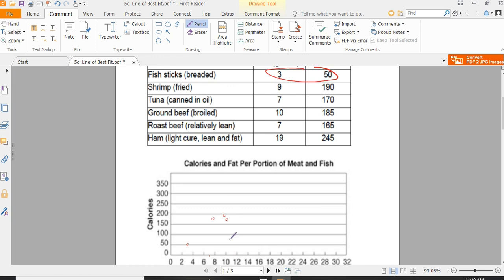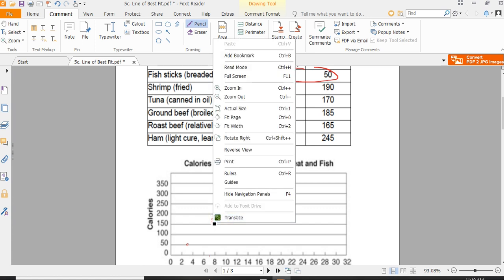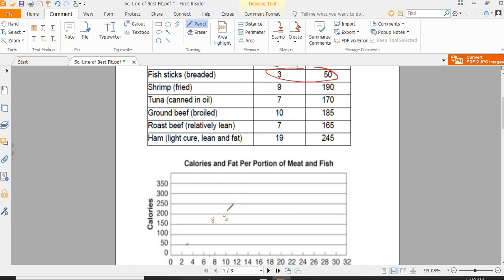So you can see I'm just approximating because these points are so close. 7 and 165, which is about right there-ish. And then 19 and 245, so about there.